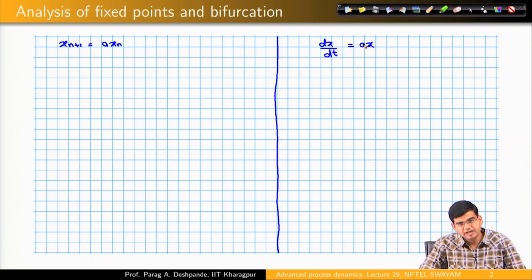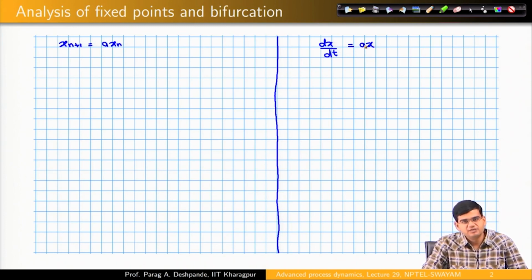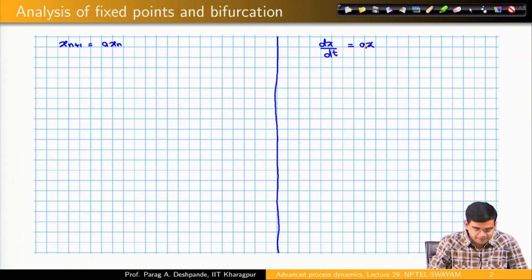And at least qualitatively we know that this would be qualitative, because a in the two cases are not different. A on the right hand side is actually 1 plus a delta t times the a which is on the right hand side. Okay. So, therefore, the match would be only qualitative.